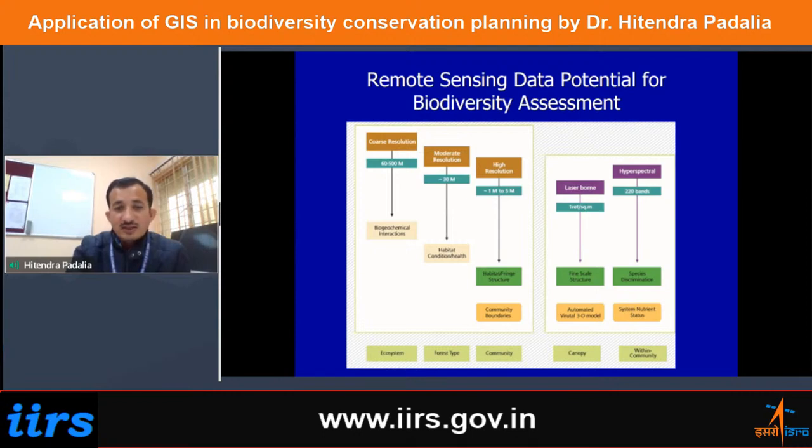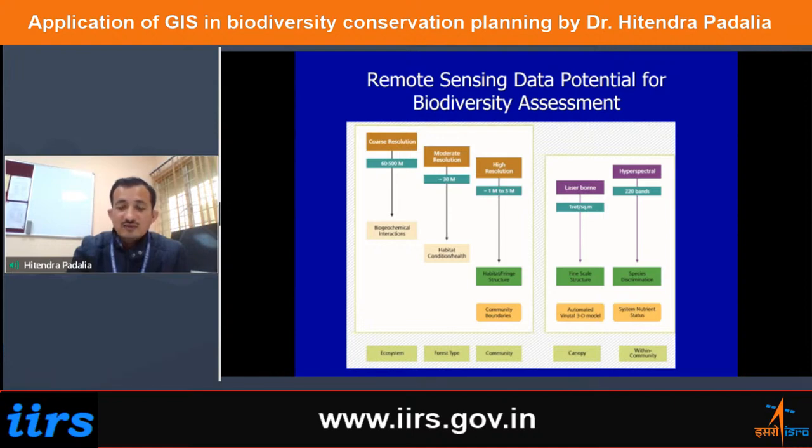Now these are the passive remote sensing technologies, what I have talked about, working in the optical domain, but there are other technologies like laser and hyperspectral, and similarly microwave remote sensing. Hyperspectral is of course in the optical domain only, but hyperspectral has another advantage, that it gives you additional sensitivity to the foliar chemistry, or the leaf chemical constituents.